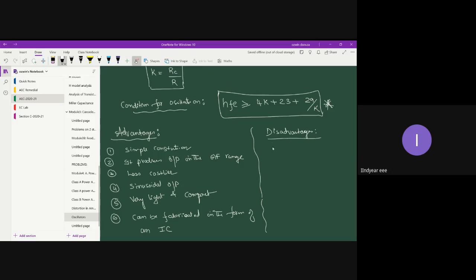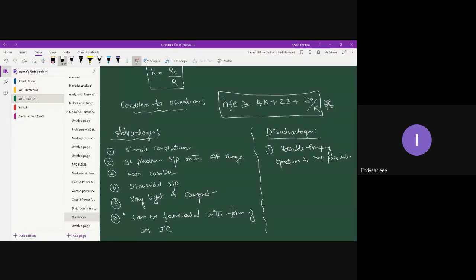The first disadvantage is that variable frequency operation is not possible. Why? To get variable frequency oscillation, we have to simultaneously vary the ladder network elements.